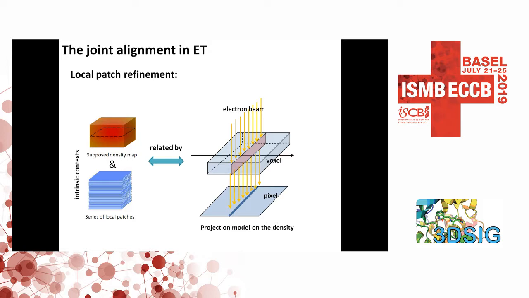And here we look better into the model, the projection model. Here we look into the voxels. This is a sample that we suppose it to be. This is a sample we think it should be exactly what it is. And this is the projections. And we look into the tilt series.